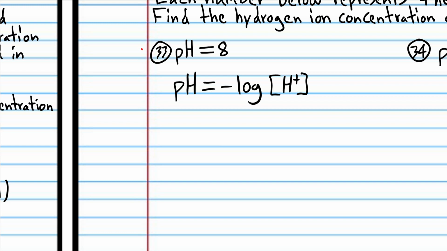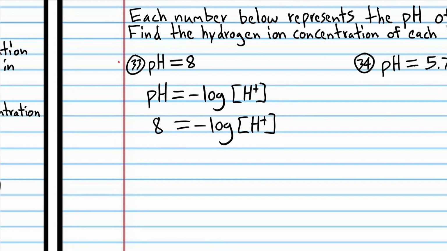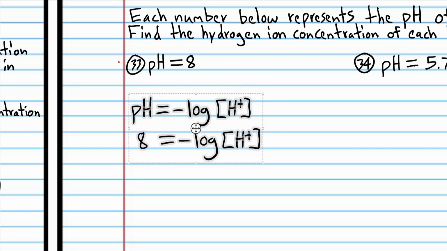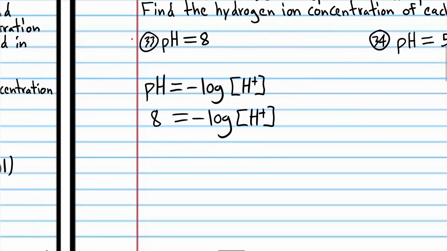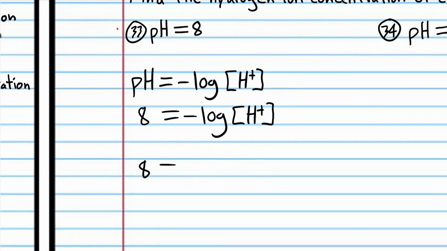The pH is 8. But remember, we can't really do anything unless we know what the base is of the logarithm, and there is no base written. But remember, if you don't see a base, that means it's base 10.